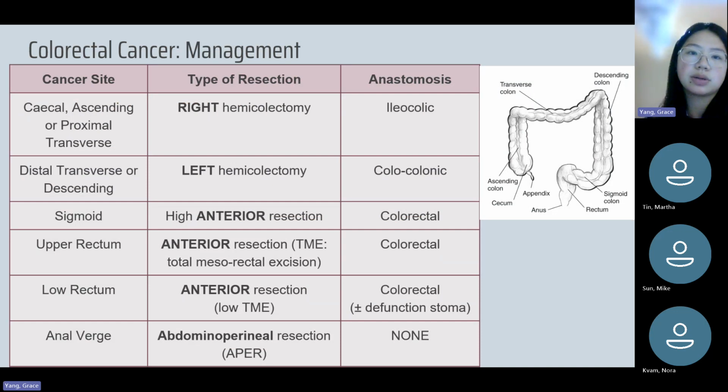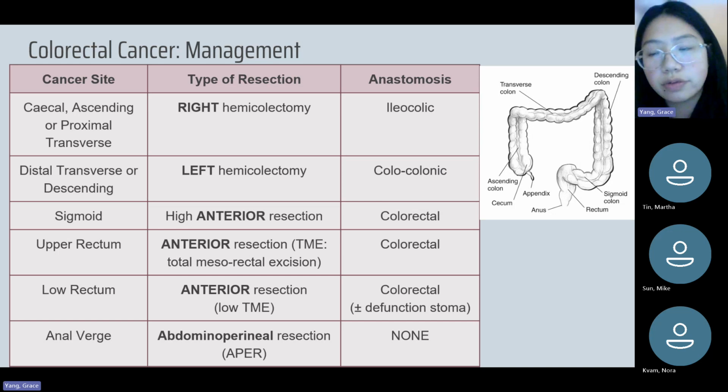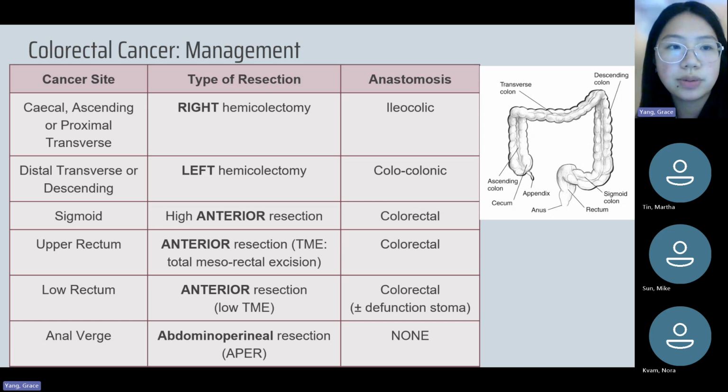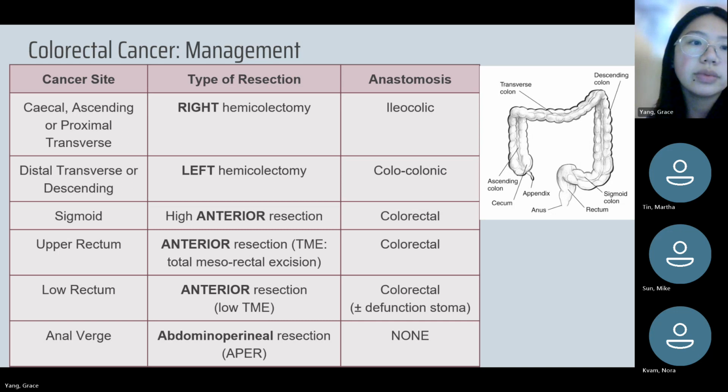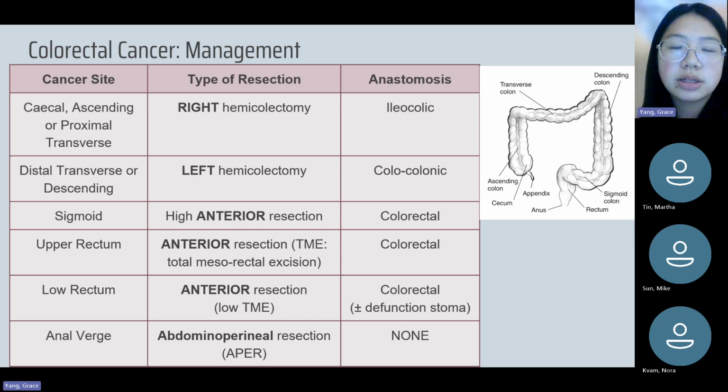So management, this is where we refer them for GI surgery. Depending on the cancer site, the type of resection will be different. If you have any cancers around here, cecal, ascending, or proximal transverse colon, then you'd have a right hemicolectomy.